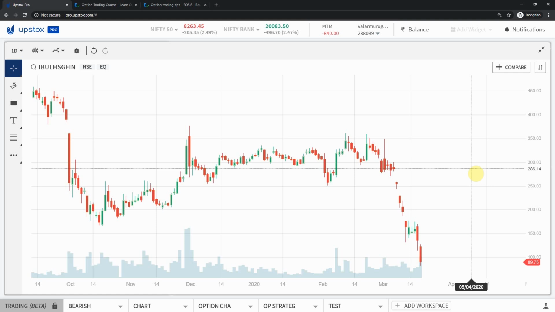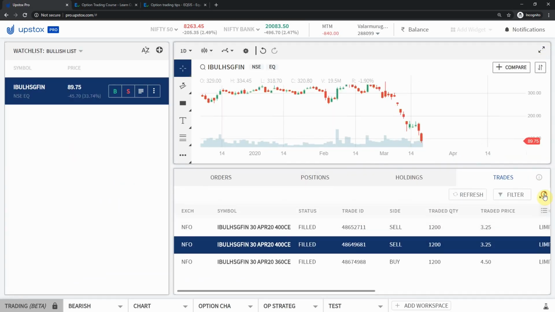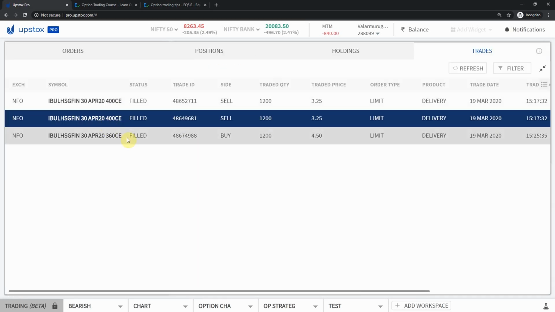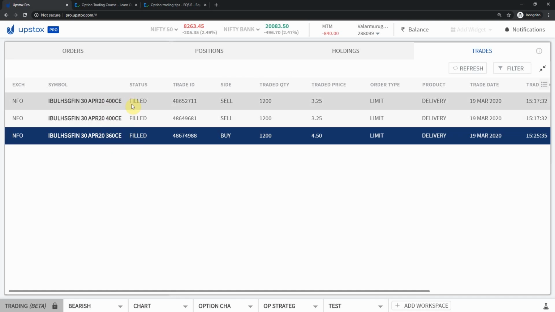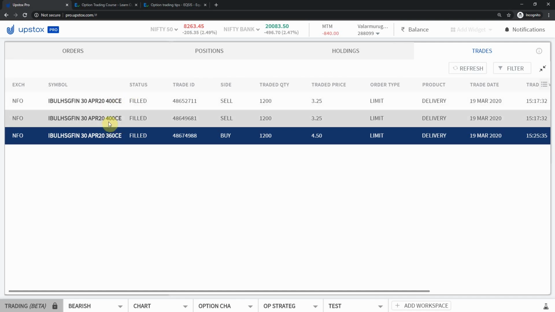So remember, if the market goes anything above 360, remember the option I've got with me. Anything above 360, this instrument will start making money for me till 400. Anything above 400, this will lose money, but anyway, I make money here, whereas 400 will start losing money. So my break even comes at 440. But my maximum profit potential is close to 40 rupees into 1,200.